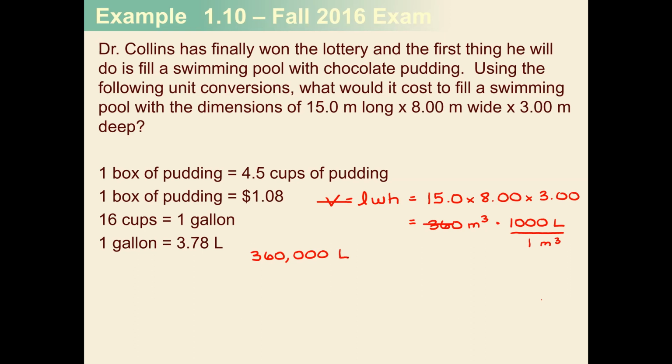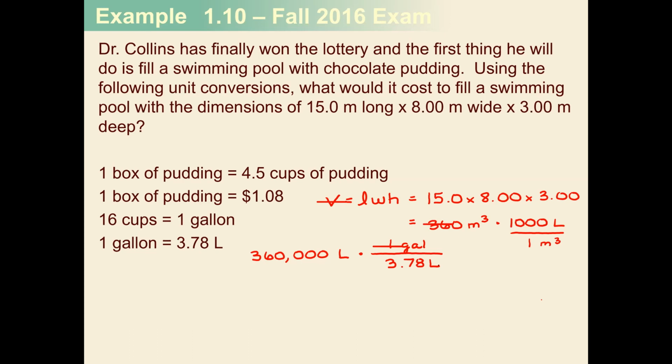So we've got to liters. So now what we need to do is go to gallons. So this is where, as you can see in this line, I have that by saying 1 gallon is 3.78 liters. That would get me to gallons.